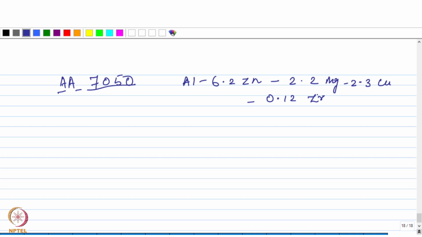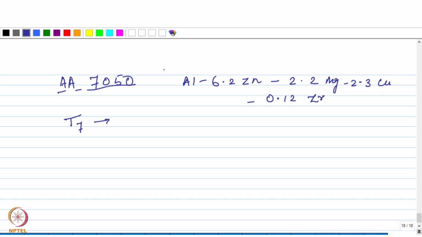And this is used in T7 condition, although it can be peak aged to maximum hardness in T6 condition, but to satisfy some of the property requirements, it is better to use in T7 condition, because in T7 condition, apart from the strengthening and the other requirements for the mechanical properties, it also gives rise to a good corrosion resistance, right?